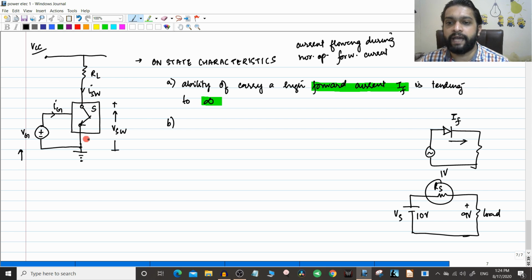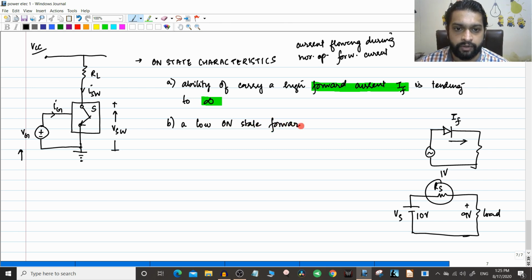Similarly, there will be a forward voltage drop, and that is what is called VSW here. There will be a forward voltage drop for this switch also. So in an ideal case, what should be that value? It is a loss, right? That is not needed. Actually, the forward voltage drop should be tending to 0. So that is the next point. A low on state forward voltage drop.